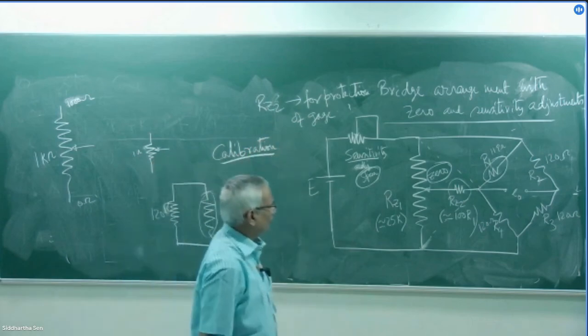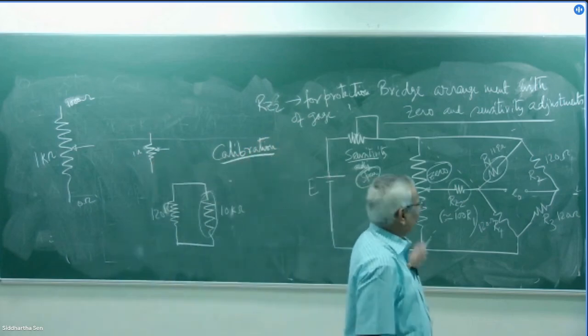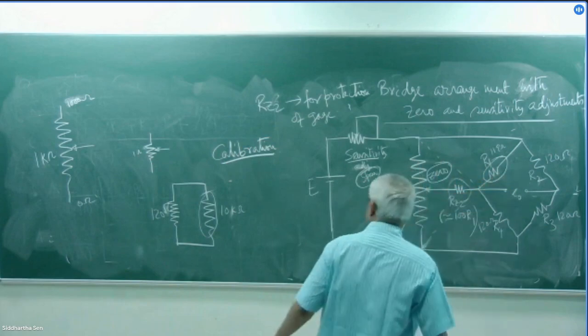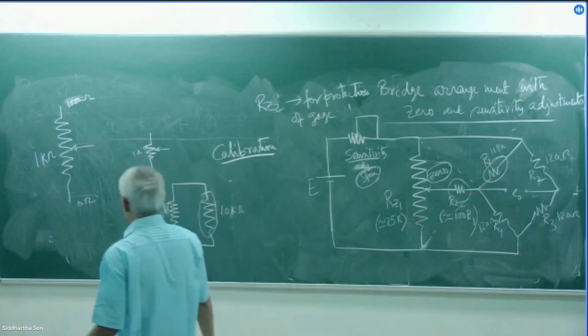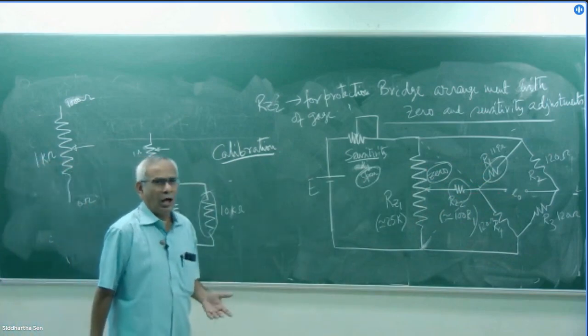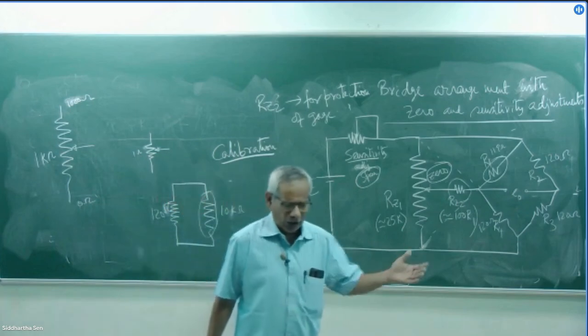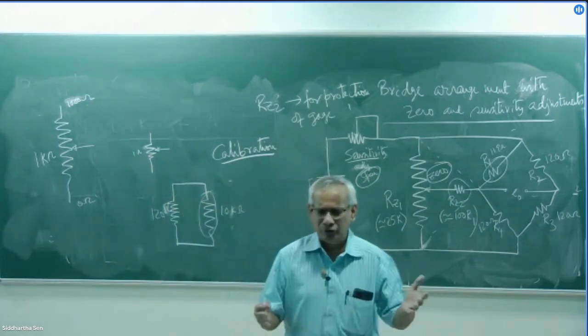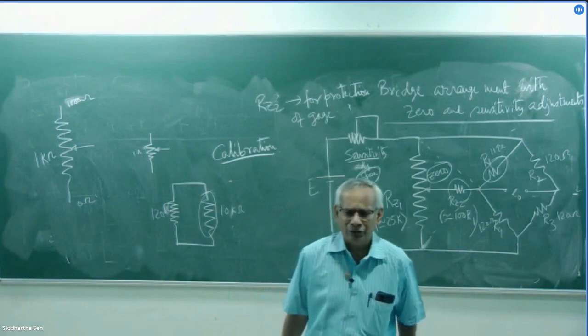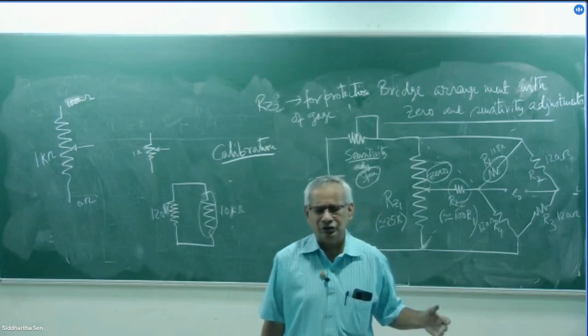Calibration is another problem because suppose this is a strain gauge, and you mount it on a load cell. As I have told you, on roadways or highways you often find weighbridges on the side.